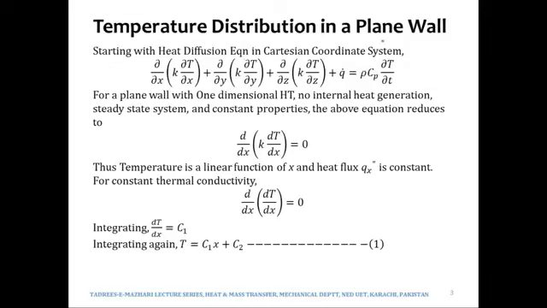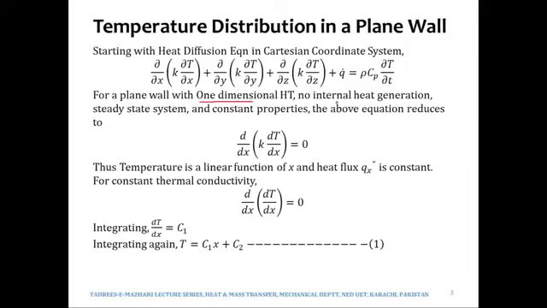Since we are going over a plane wall, we are starting with the heat diffusion equation in the Cartesian coordinate system, which is ∂/∂x of (k ∂T/∂x), the similar term in y, the similar term in z, plus q dot is equal to rho c ∂T/∂t. Now if the plane wall is such that the heat transfer is one dimensional, so we have a temperature gradient in one dimension only, for example x or y or z, you can take any dimension, we will take x.